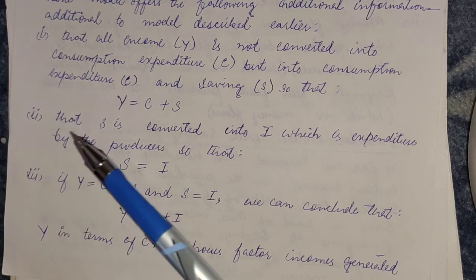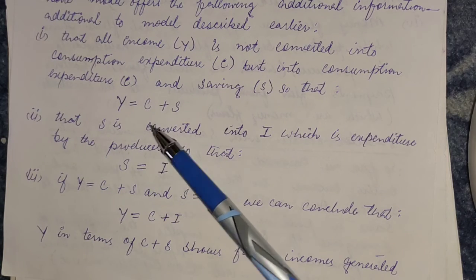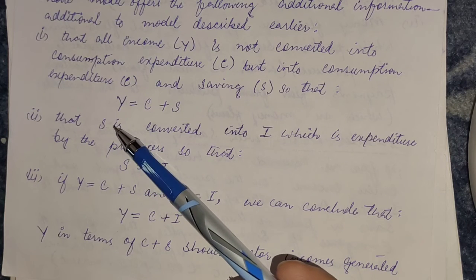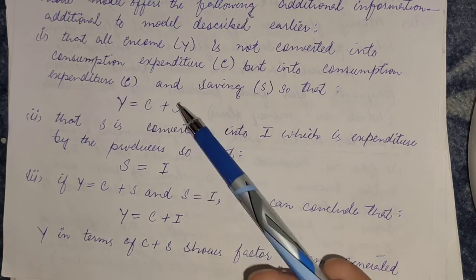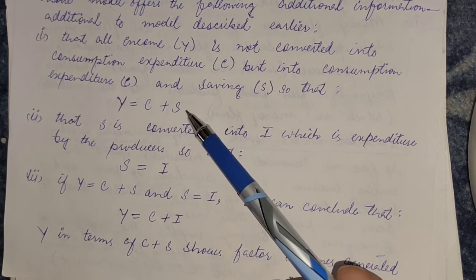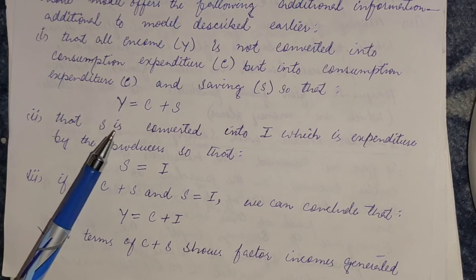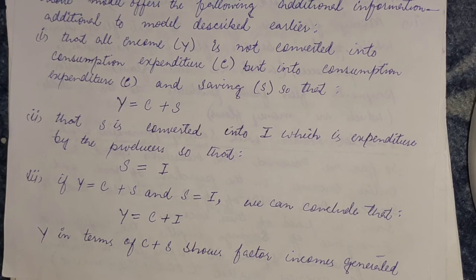Now, see, if income is equal to C plus S and S is equal to I, so we can conclude that income Y is equal to C plus I. Now, Y in terms of C plus S shows factor income generated during the year.